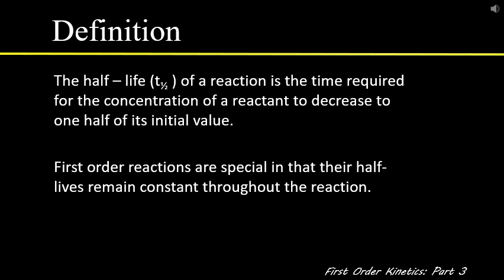All right. So if you're looking at this in terms of concentration, if you've got some reactant A and some time passes, after 1 half-life, the concentration will be 1/2 of the initial value.